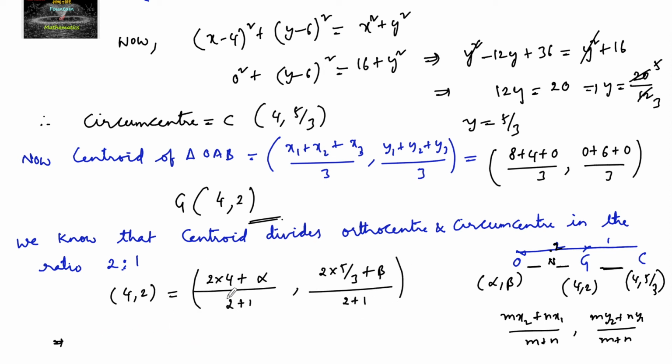On simplifying, (8 plus alpha) upon 3 is equal to 4, comparing the coordinates, and (10 upon 3 plus beta) upon 3 is equal to 2.